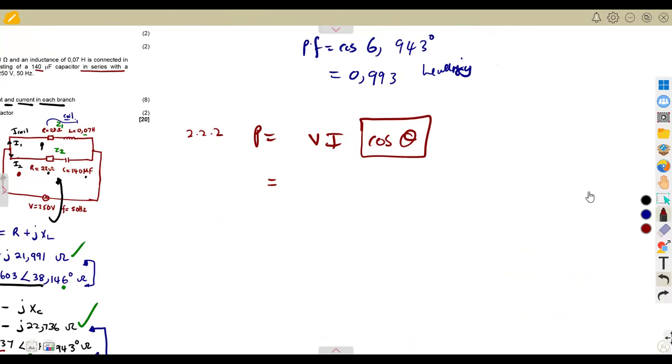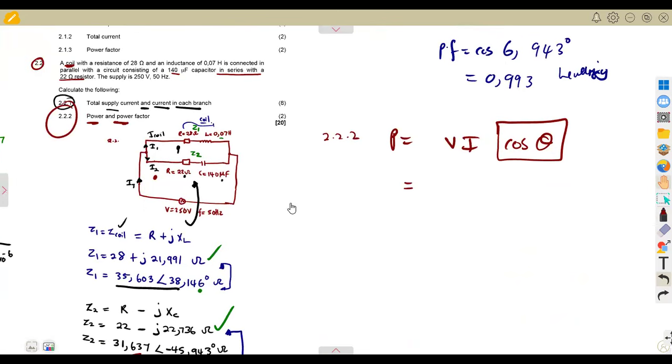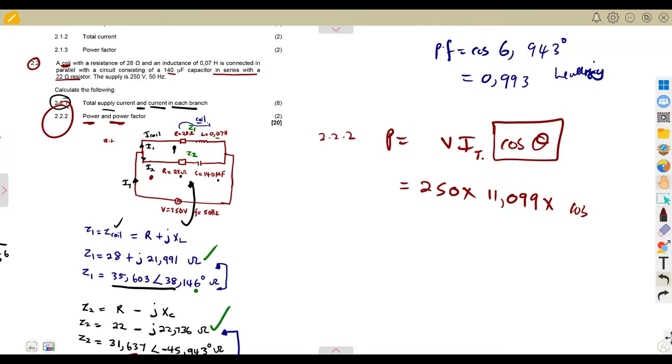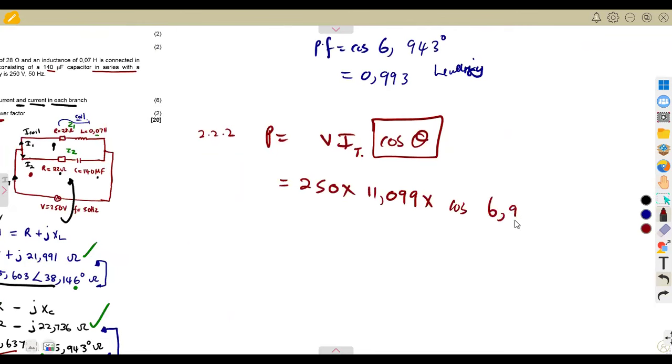So then you can calculate the power, that is VI cos theta, 250. So they've got 250 times the current. Remember, you need the total current there. Our total current was 11.099 times the cosine of theta, or just use the cosine of the angle that you're already given, 9.43 as it is.